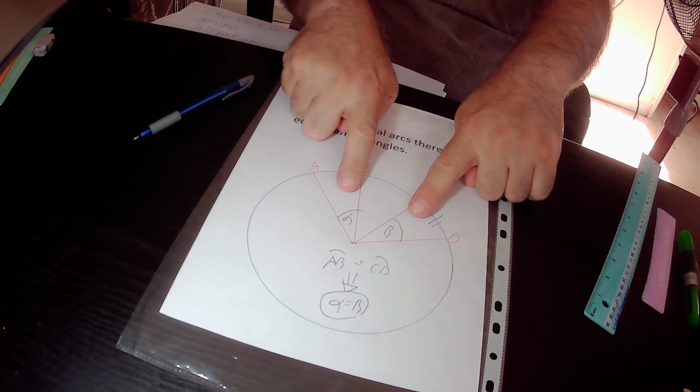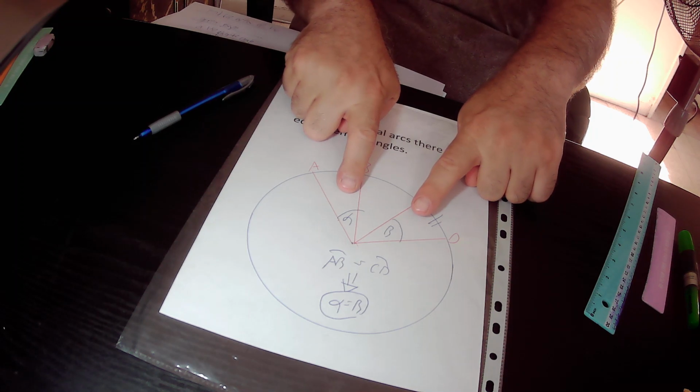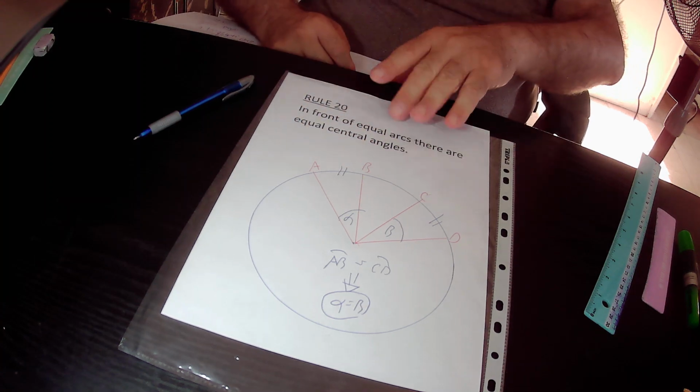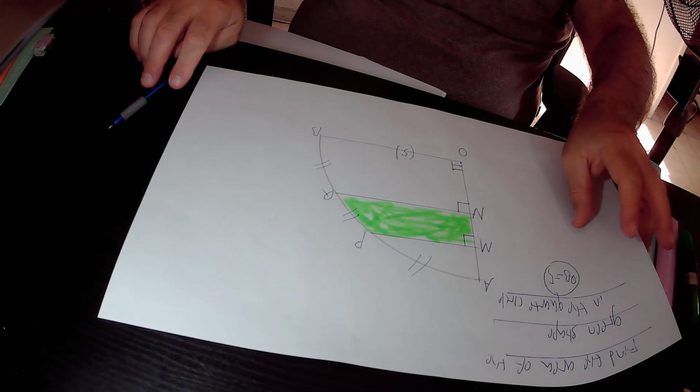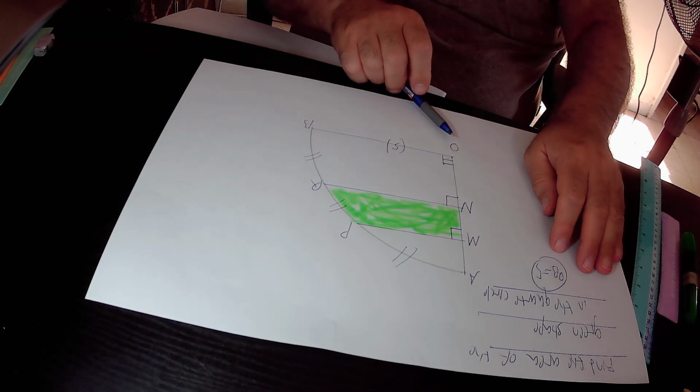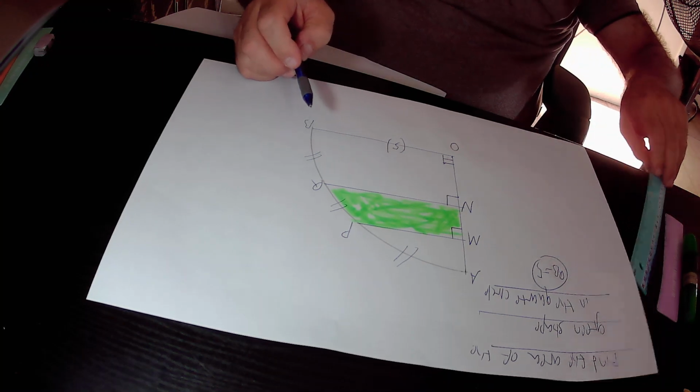That is to say, center angle alpha equals center angle beta. So we can implement rule 20 in our drawing. But before that, we'll join points O and P together by a straight line, and we'll also join points O and Q together by a straight line.